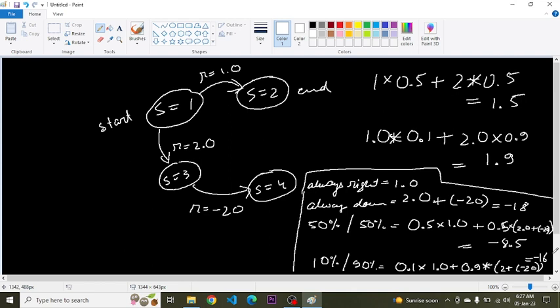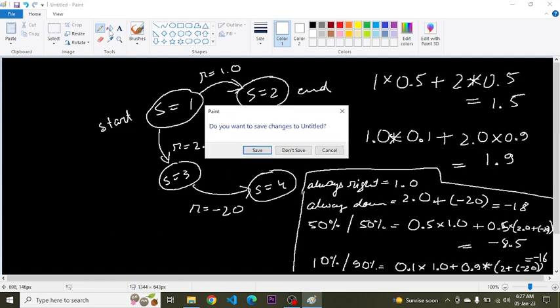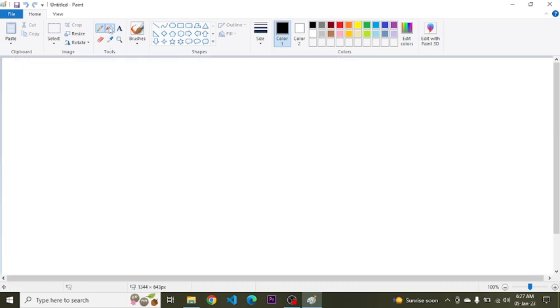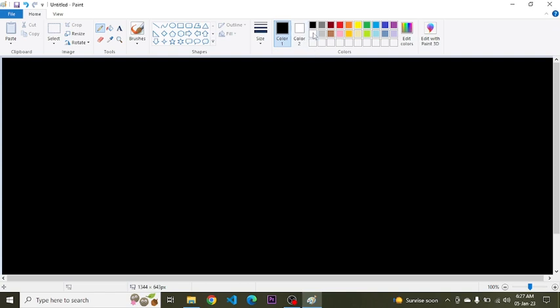And the Bellman equation of optimality. Imagine that our agent observes a state. So let's make a new diagram for that.